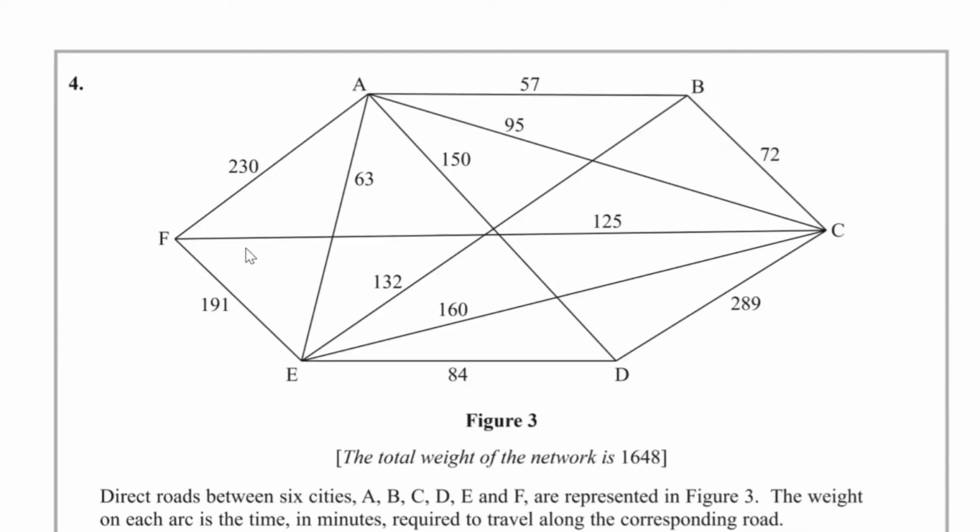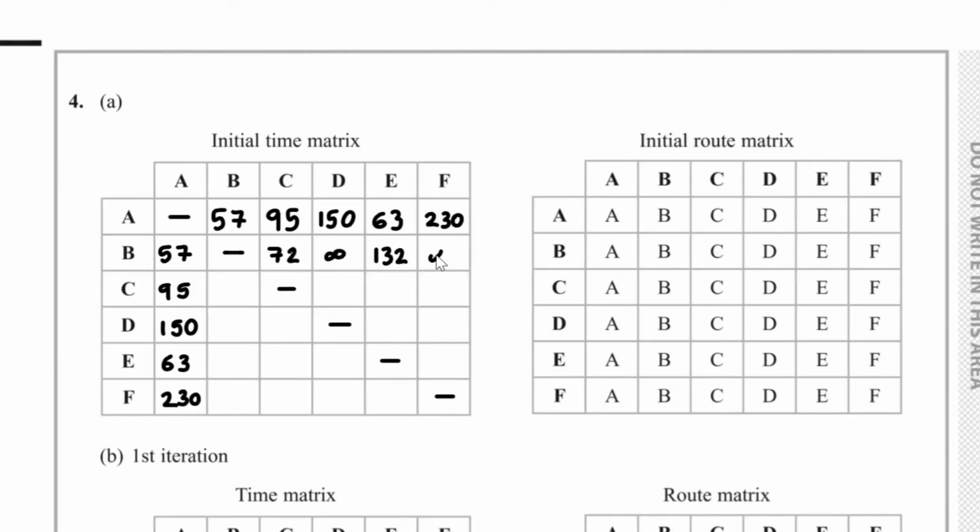And B to F, there's not a direct way of going from B to F, so we put an infinity symbol here. So down column B we would have 72, infinity, 132, infinity.